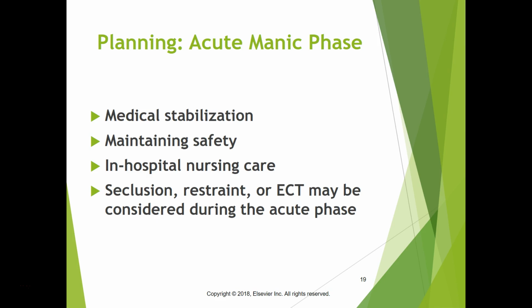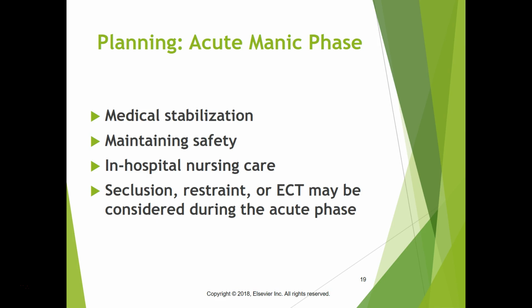So on page 230 and 231, there's a nice purple table, signs and symptoms, nursing diagnoses, and outcomes for mania. And then on page 231 is the interventions for mania. Absolutely, you should read through that because those are excellent as far as the types of approaches that you use.